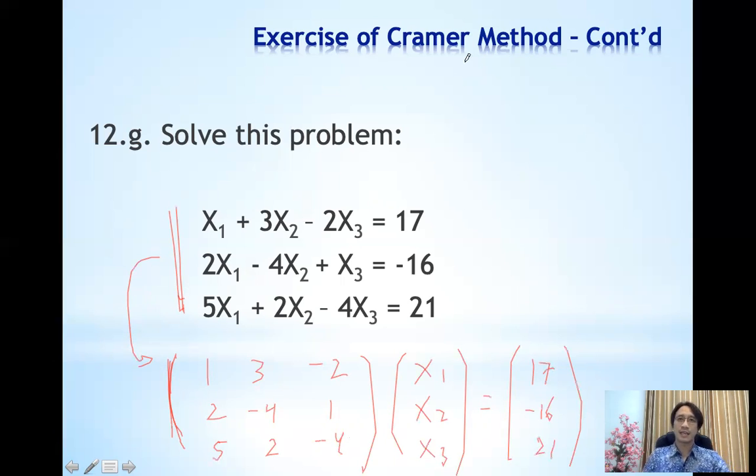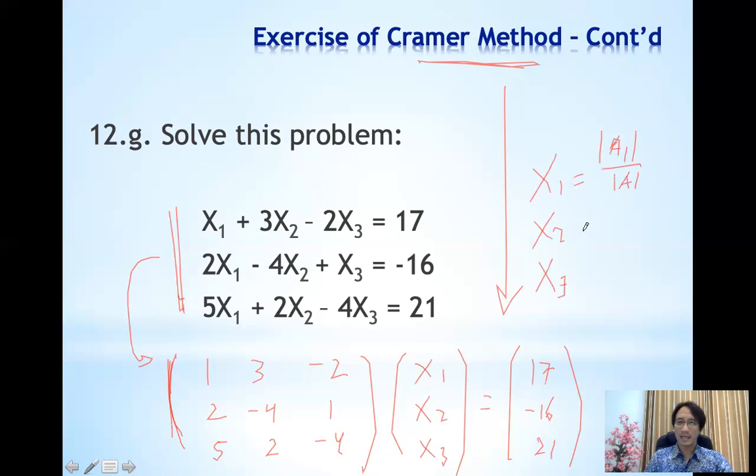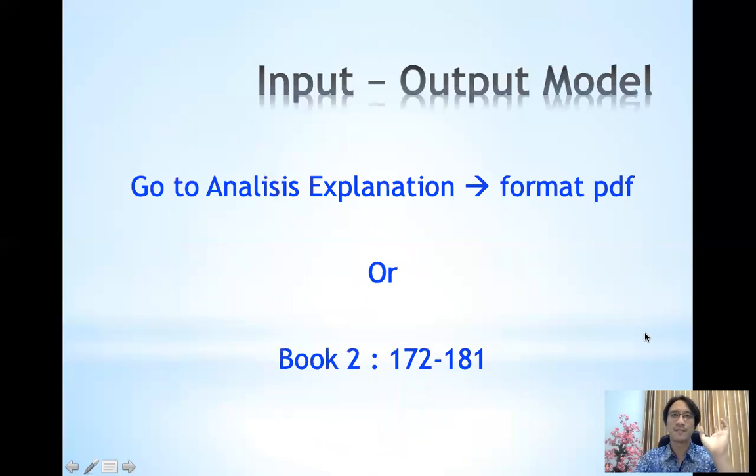Then you can use the Cramer method to find x1, x2, and x3 using determinant A1 divided by determinant A, determinant A2 divided by determinant A, and determinant A3 divided by determinant A. Then you can find those 3 values.